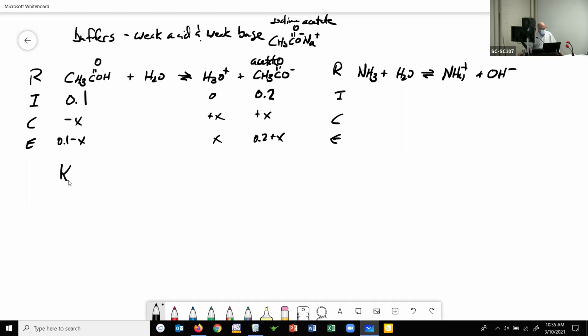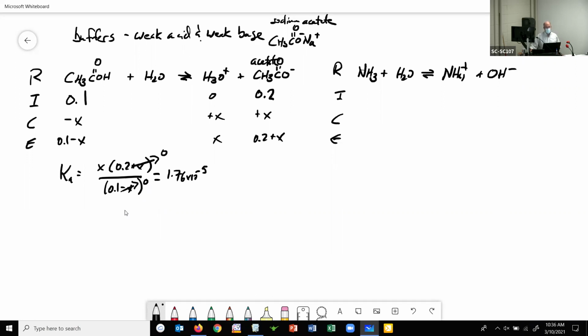If we read our K expression, products over reactants, where acetic acid's official Ka is 1.76 times 10 to the -5. So again, you could take this to Desmos, perfectly fine, but I'm going to assume addition and subtraction terms are negligible because that Ka is pretty small.